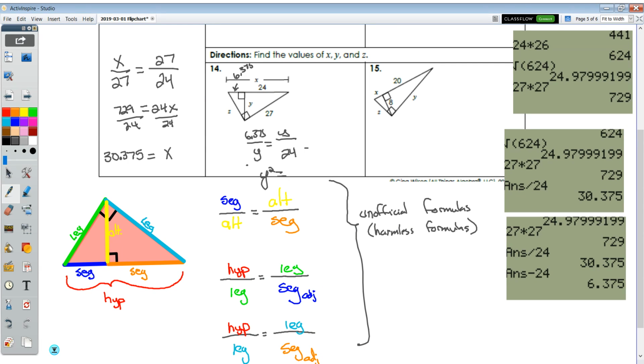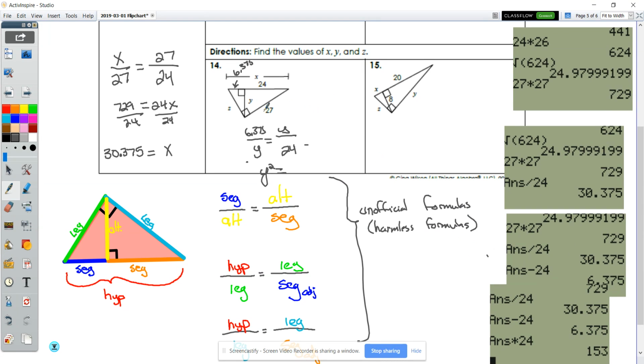Times 24. And I get 153. So here we have 153. That came out fairly easy. Take the square root of both sides, and I get y equals the square root of 153. If so, simplify. If not, you can work it out. And then you just have the last leg to define.